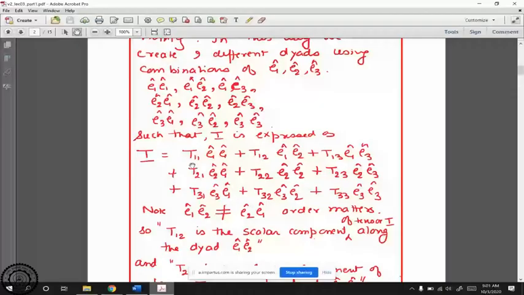Unlike vectors, where we had only T1, E1, T2, E2, T3, E3, we have two indices, T11, T12, and so on, because they are associated with the corresponding dyads. Dyads have two indices, so the coefficients also have two indices. Overall, there are 9 terms used to express this tensor.